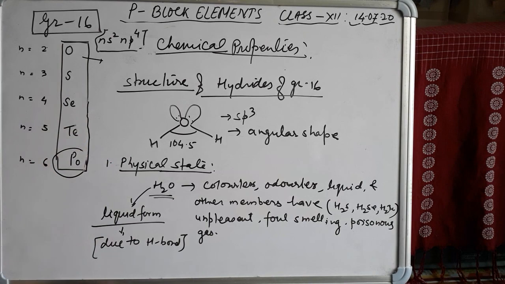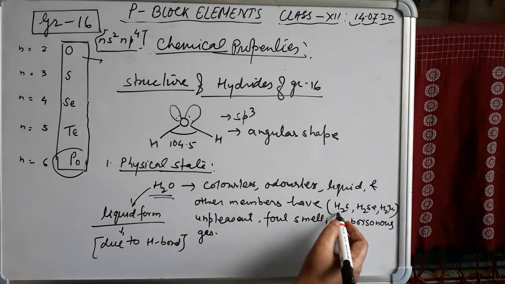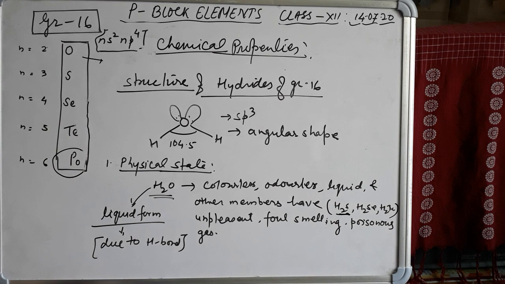But in H2S there is no H bond, because the size of sulfur is larger than oxygen, so it is incapable of forming H bonds, and it exists in gaseous form at room temperature. Simply, we explain it on the basis of hydrogen bonding. So next we discuss the acidic character.